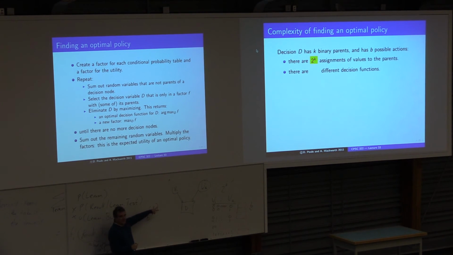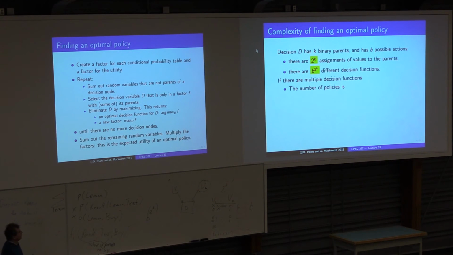And this grows really quickly. If you think exponential growth is bad, you should see this. This is horrendous. You soon get up to the number of elements in the universe very quickly. So there are b to the 2 to the k decision functions.